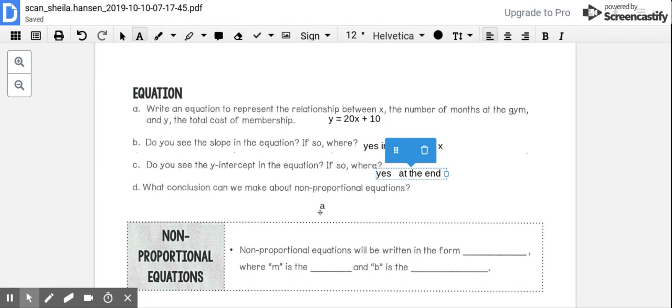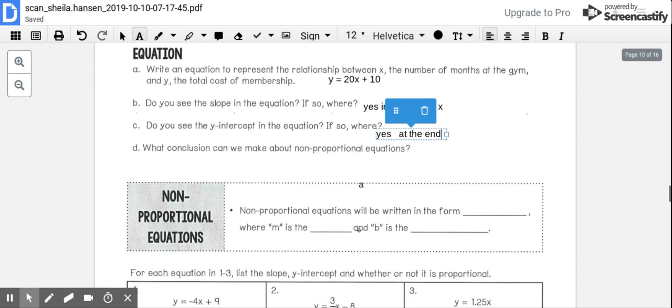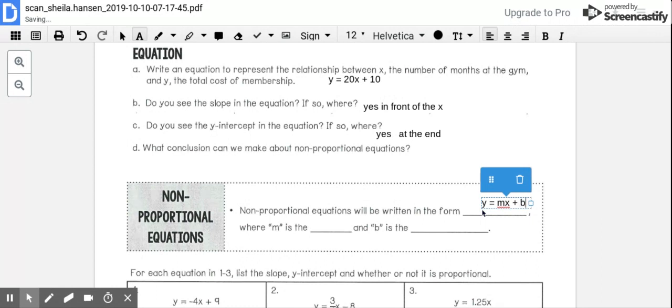So what conclusion can we make about the equations? Basically that it's always going to look like this. This could be minus also. It's plus or minus. And remember, your slope could be negative also. So non-proportional equations will be written in this form. y equals mx. That was last lesson. But then we also have to add plus, and this is going to be really confusing, b.